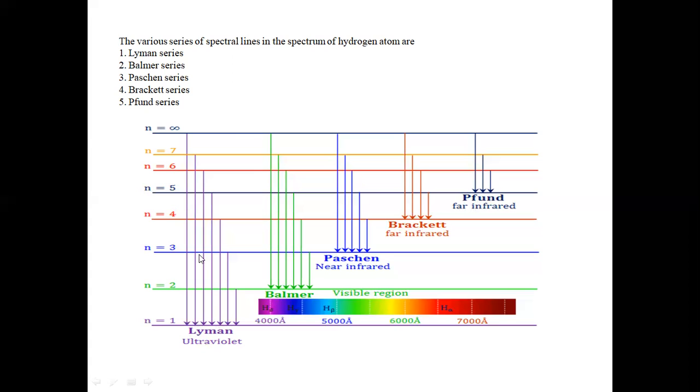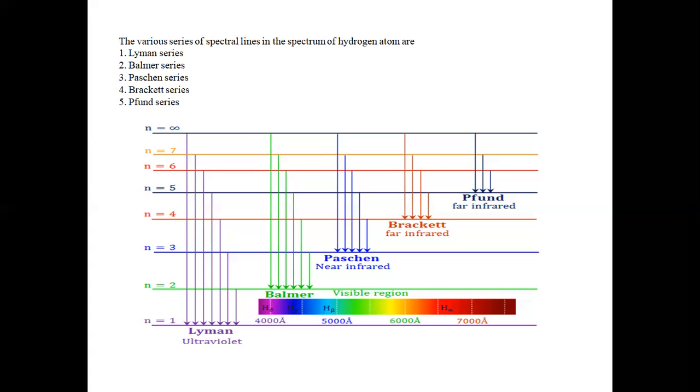You can see here these are the spectral lines, and the frequencies of these various spectral lines of the series can be obtained by substituting n1 equal to 1 and n2 equal to 2, 3, 4, etc. in the equation nu bar equals RH into 1 by n1 square minus 1 by n2 square.